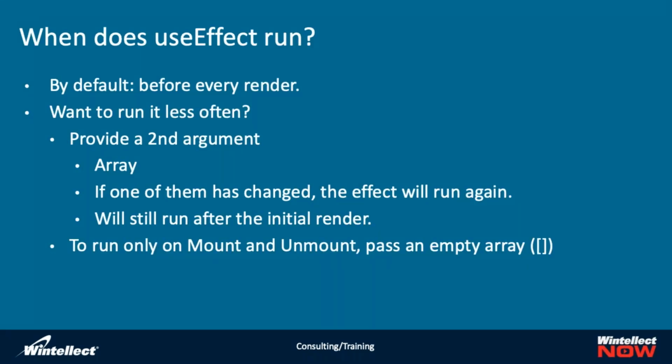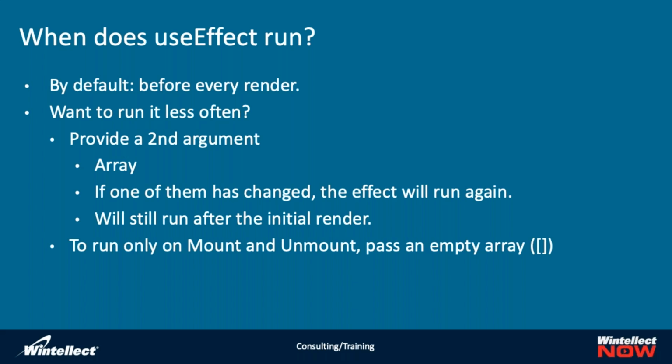And useEffect doesn't have to run on every render. That's just the default behavior. So if you want to run less often, you can pass in a second argument, which is an array of values and of variables. And if one of those variables changes, that will cause the effect to run again. It will still run after the initial render, but you can use a second argument to determine when it's going to run after that.